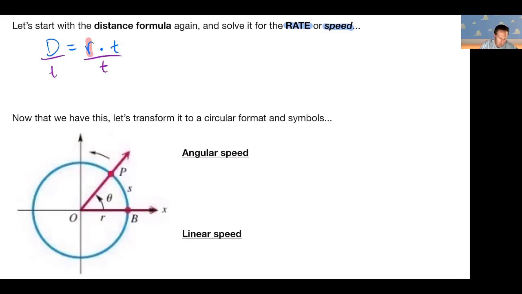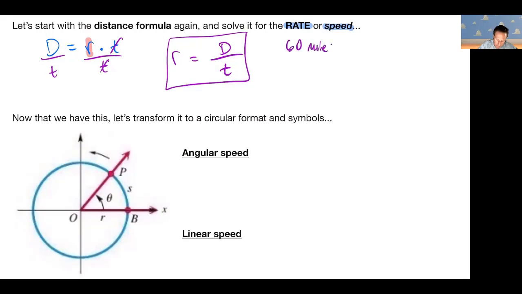Since it's being multiplied, we just have to divide by t. That means our rate or speed is given by the distance divided by the time. For example, if I traveled 60 miles in 1 hour, we often abbreviate that as 60 mph, miles per hour. You're already familiar with this, you just have never broken it down like this most likely.